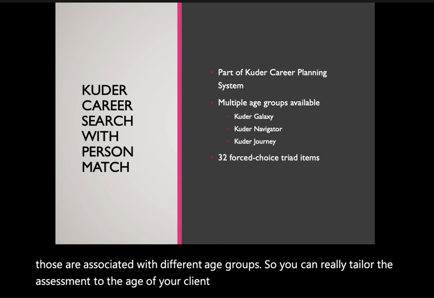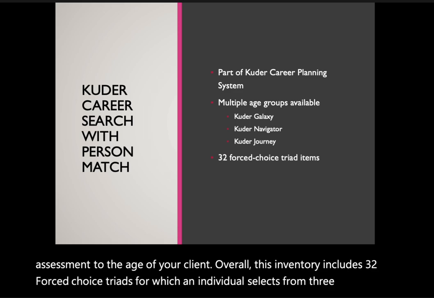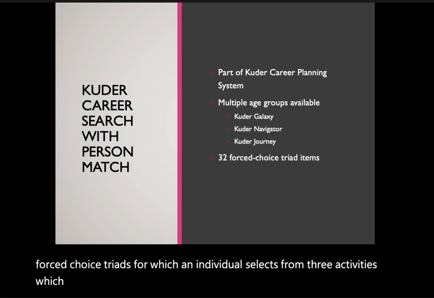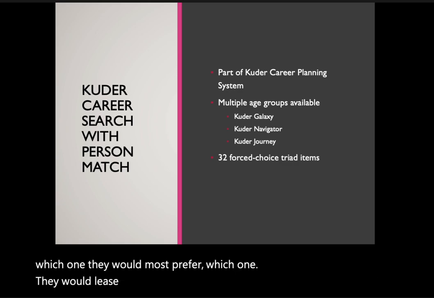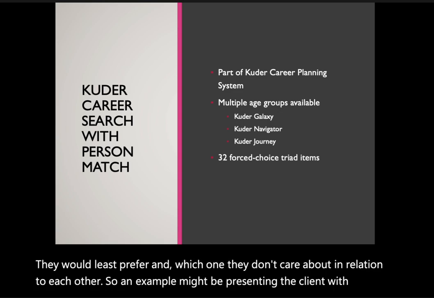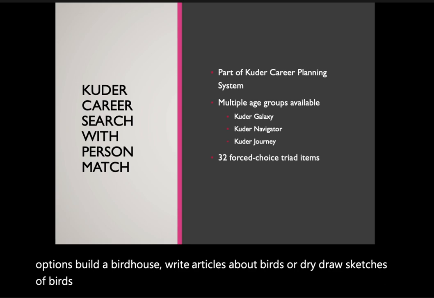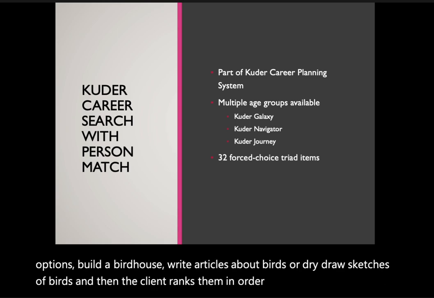Overall, this inventory includes 32 forced-choice triads for which an individual selects from 3 activities which one they would most prefer, which one they would least prefer, and which one they don't care about in relation to each other. An example might be presenting the client with 3 options: build a birdhouse, write articles about birds, or draw sketches of birds. And then the client ranks them in order according to their preference.